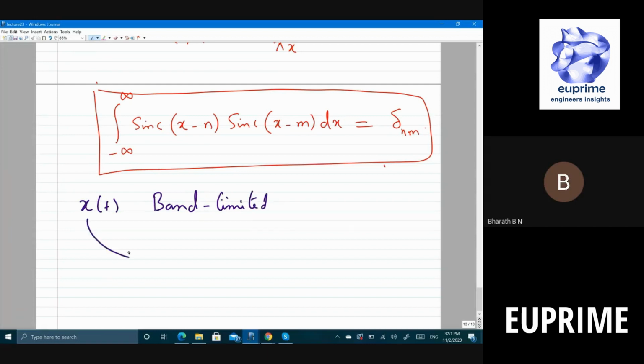The Fourier transform of this is equal to 0 for all f greater than or equal to b. That means the Fourier transform of x of t will be 0 outside the bandwidth b. So this is called a band limited signal. I hope all of you are familiar with this, right?